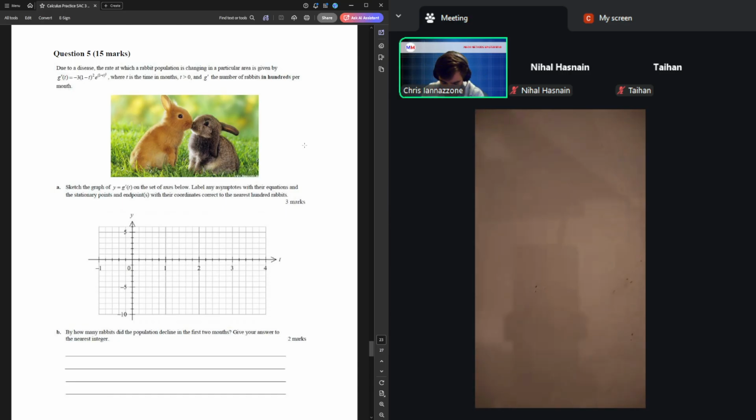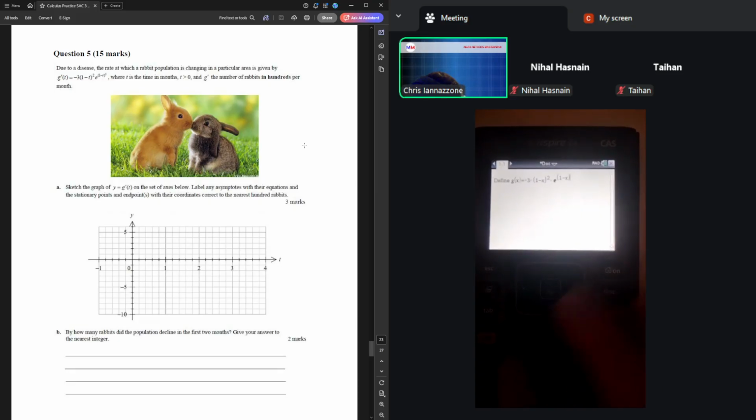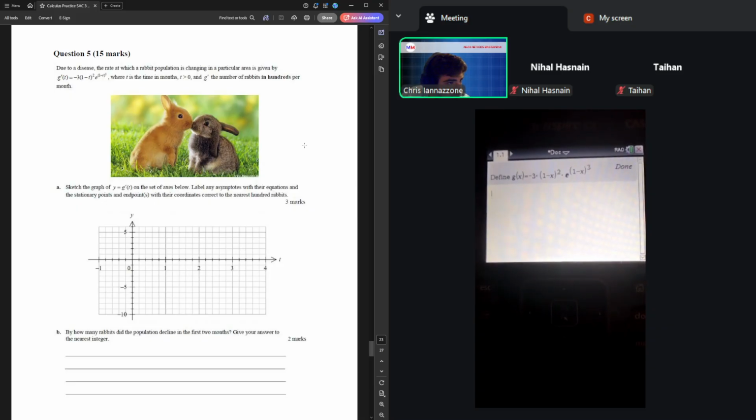First up, I'm just going to define the functions in our CAS, and we can get some information from there. G of x is equal to -3 (1 minus t) all squared e to the (1 minus t) all cubed. Okay, that's the function that we care about.